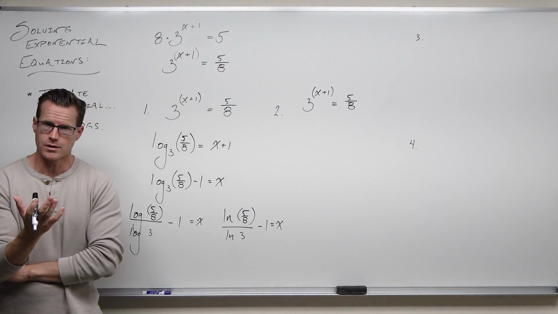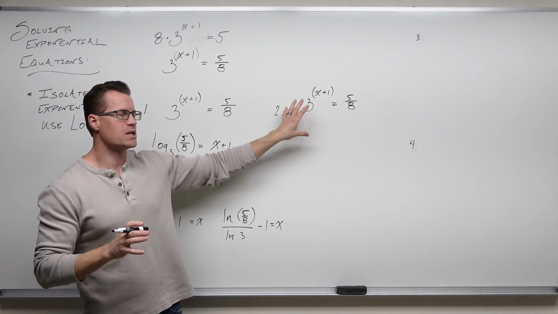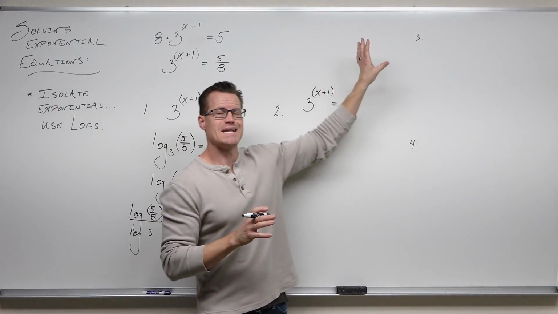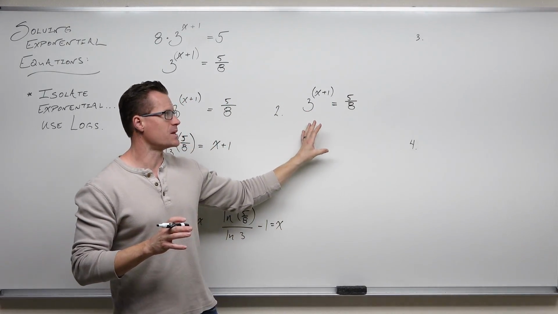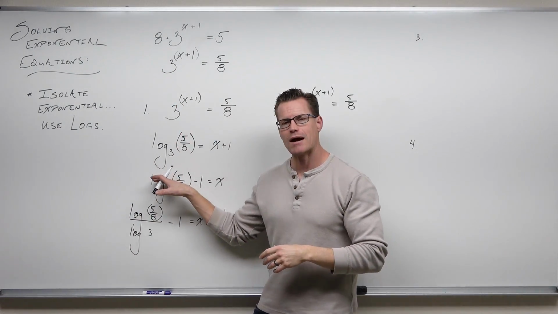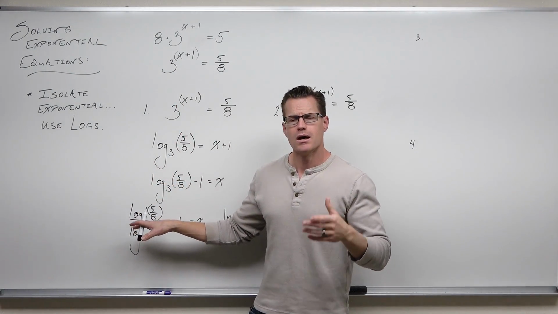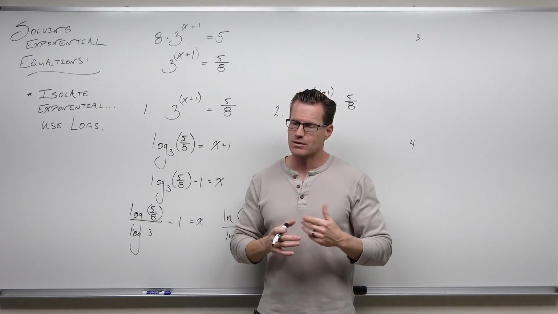So let's take a logarithm. Now, the next 2 choices you have to solve these are you choose either a common log or a natural log. Most people use a natural log. A common log is a base of 10, a natural log is a base of e. Now, why do we want to do that? So that we don't have to go and change the base anyway. It'd already be in a base that's very usable for most people and their calculators.